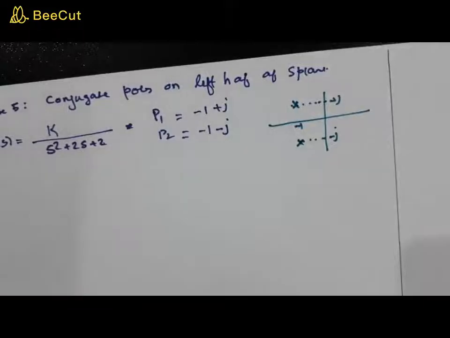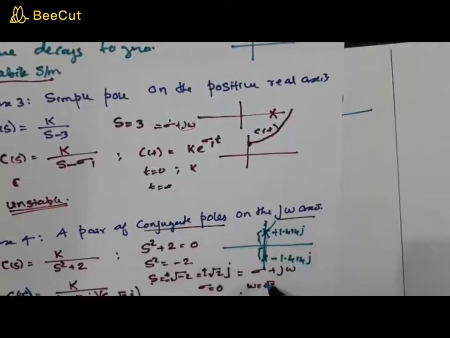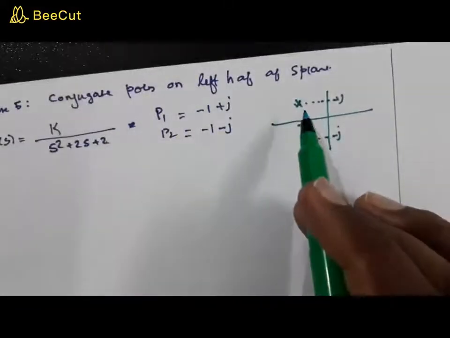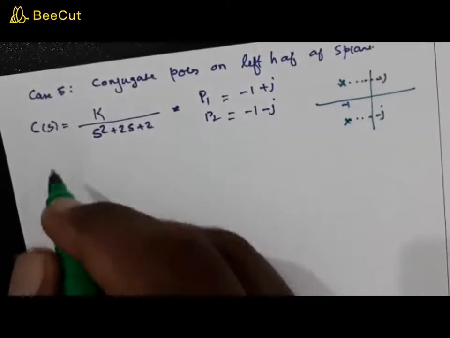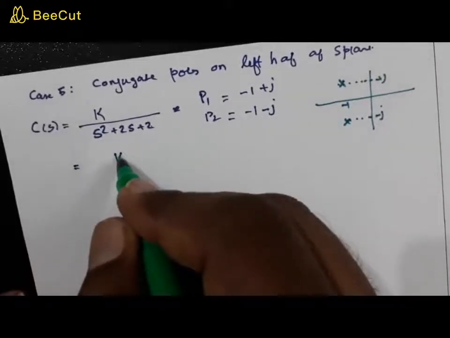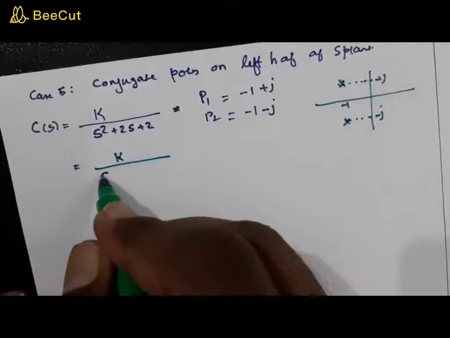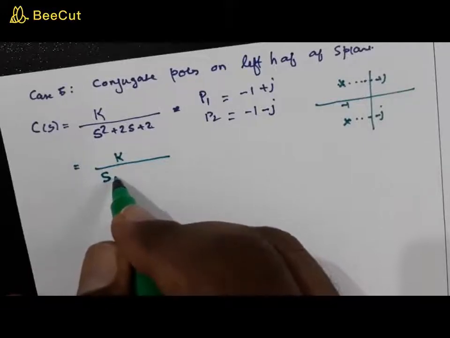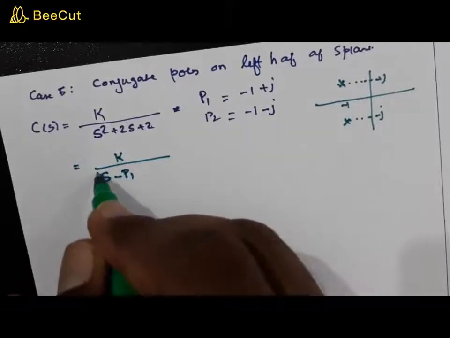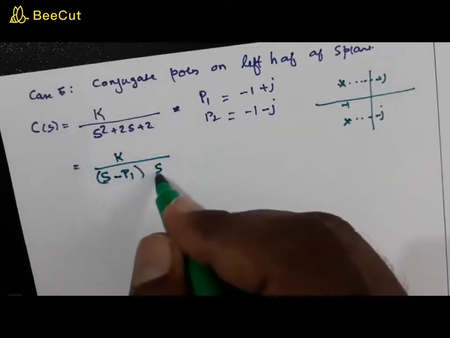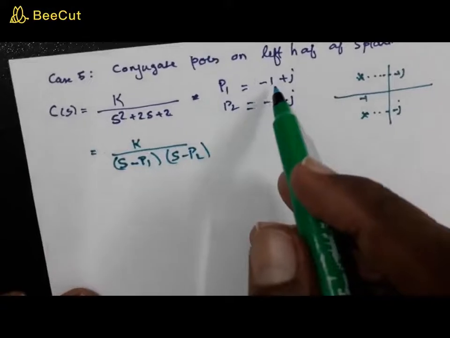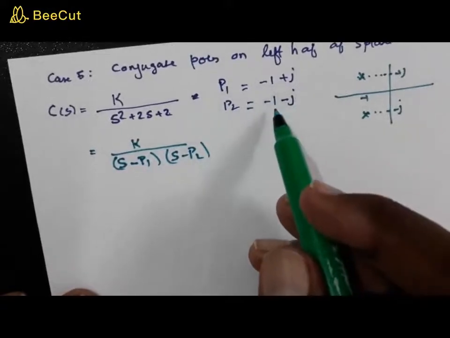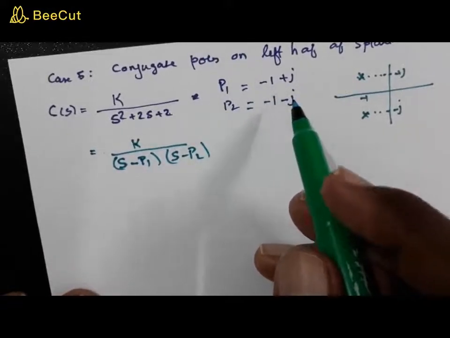The difference from the previous case is that this one resides on the imaginary axis, while this one is on the left side of the imaginary axis. You can write this as k divided by s minus p1 into s minus p2, with p1 as minus 1 plus j and p2 as minus 1 minus j.